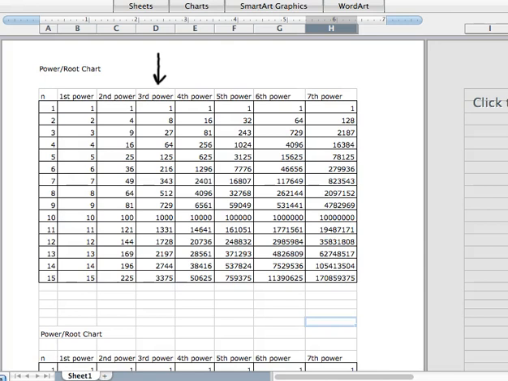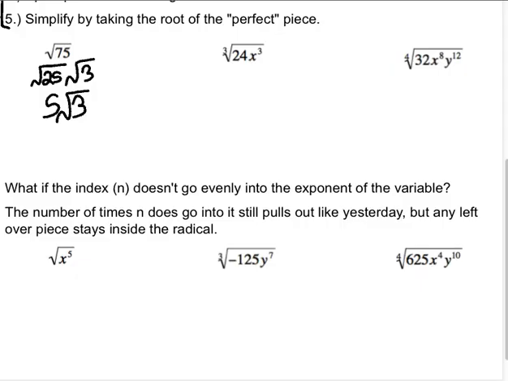Well, I start looking at the list for a number that divides 24. And here I actually hit the jackpot right away. 24 divided by 8 gives me a whole number. It gives me 3. So that's how I'm going to break that one down. I split this up into the cubed root of 8 times the cubed root of 3.